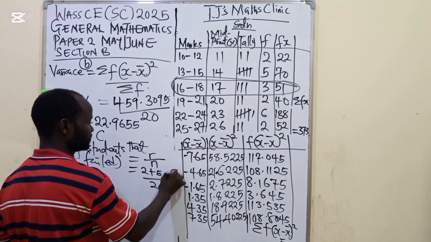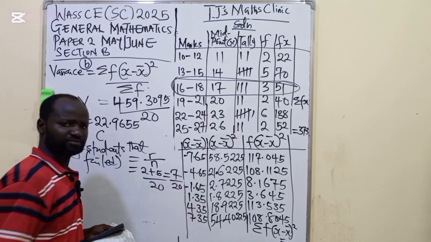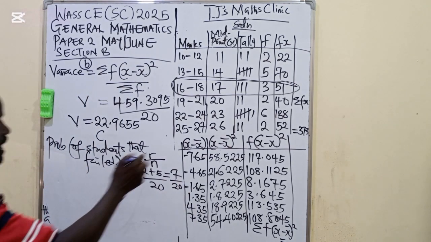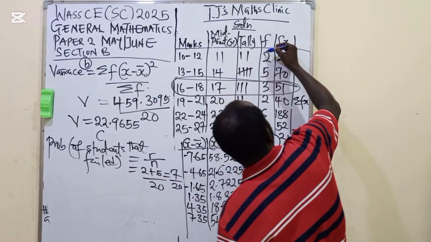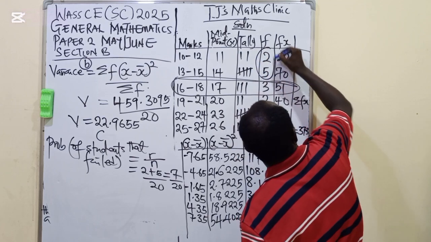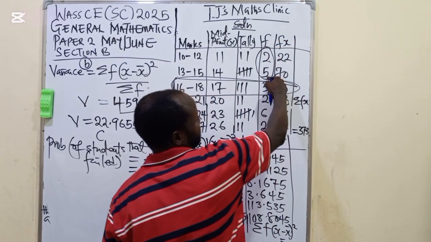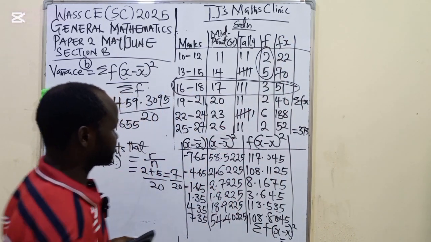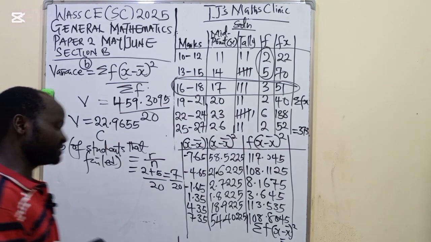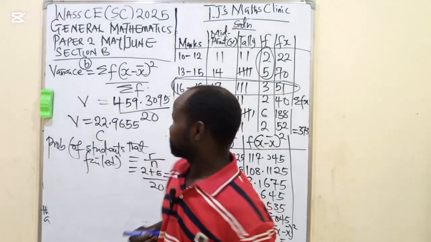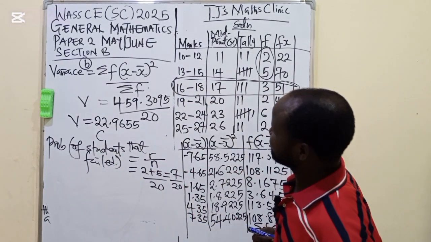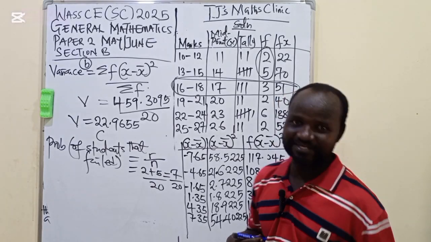That is 7 divided by 20. Very simple. So this is the solution. Just add the frequency below that 16. See it here. It will be 2 plus 5 out of this 20, which is 7 out of 20. So the probability is 7 divided by 20. So this is said to be the solution to this question 13, which is the last part.